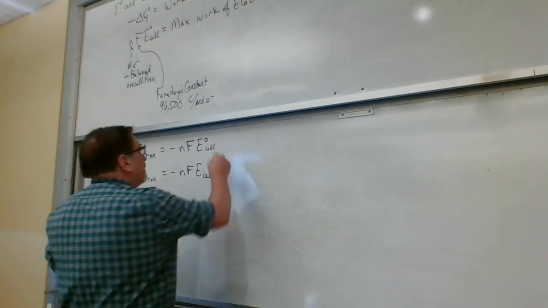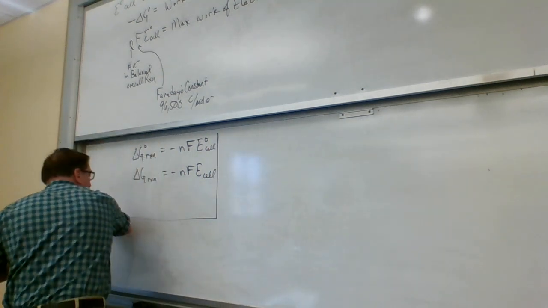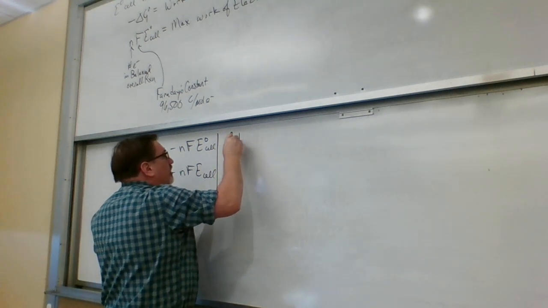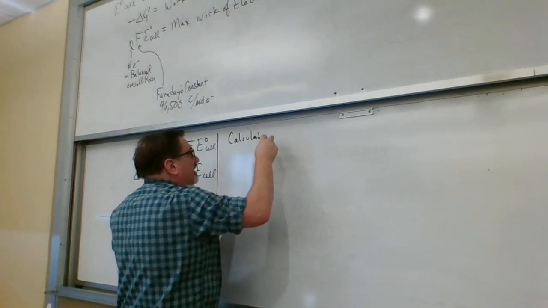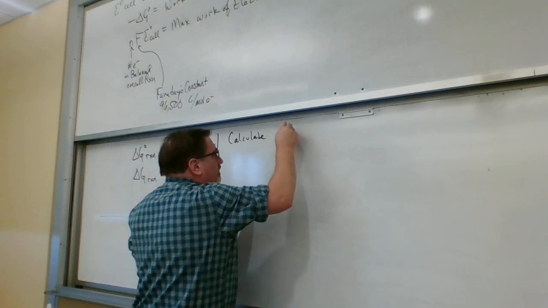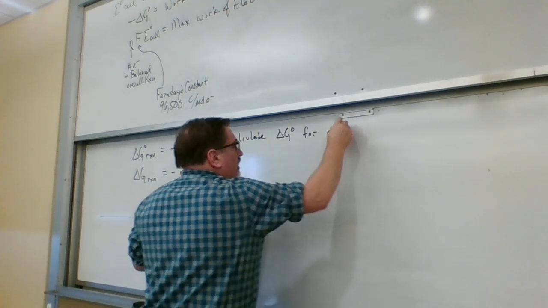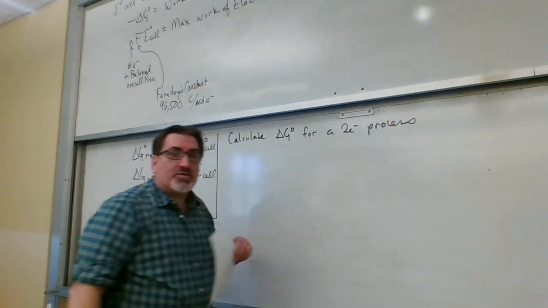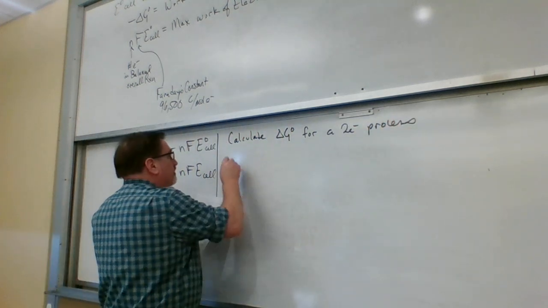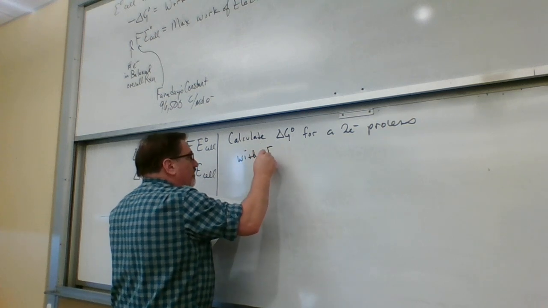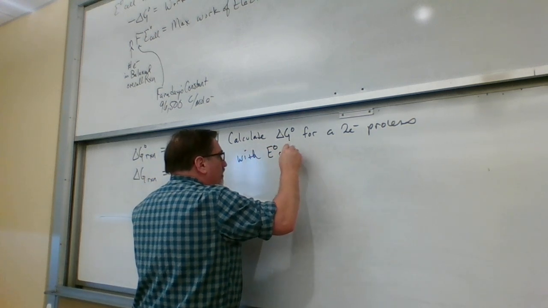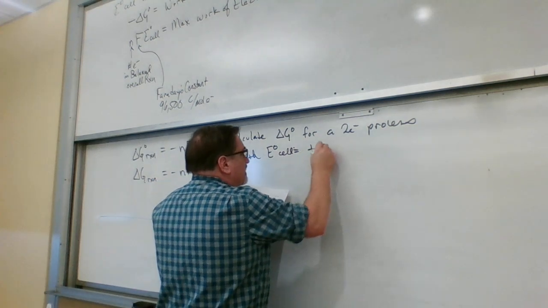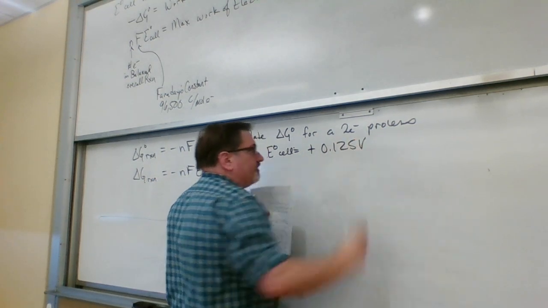Okay? So we're going to calculate delta G0 for a 2-electron process with an E cell value of plus 0.125 volts.